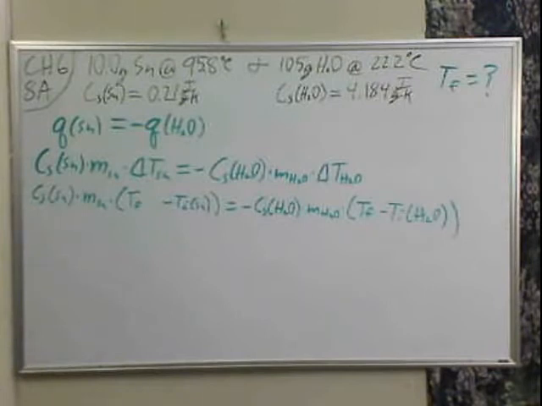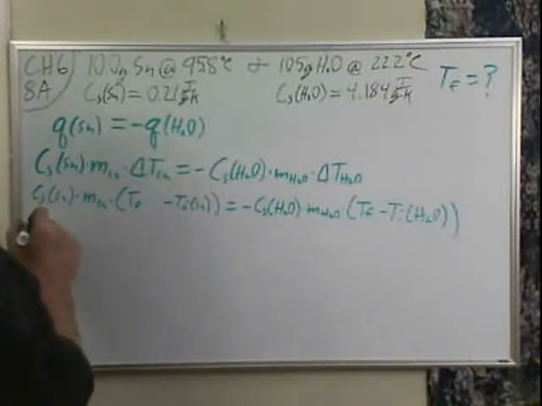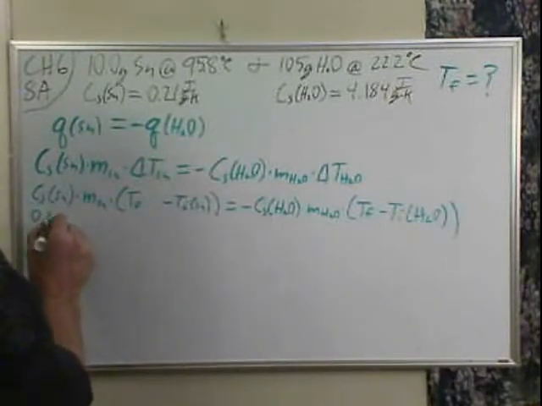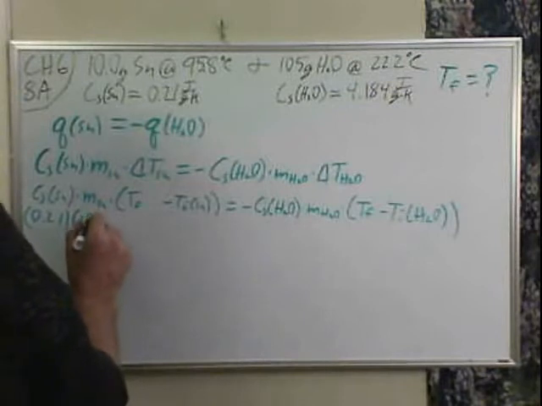It's a bit of manipulation to solve through, but we can do it. We can reduce the numbers down. So our specific heat of tin, 0.21, times the mass, 10 grams.